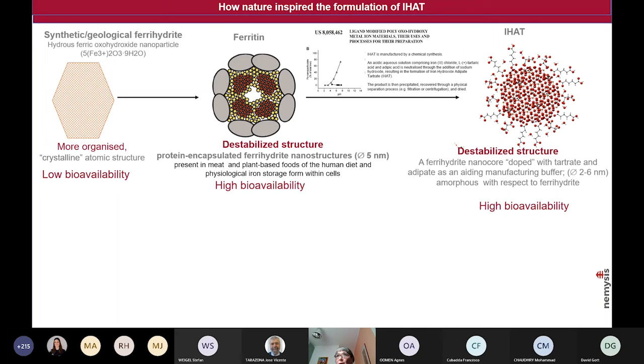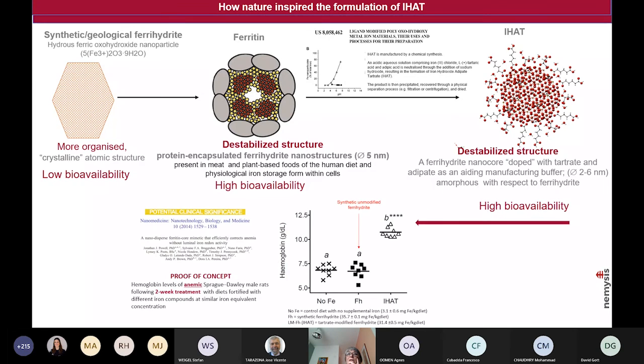This allows the precipitation of nanoparticles. Then the product is precipitated, recovered through physical separation processes, and dried. The hypothesis was that acting in this way, we were able to provide a nanoform with high bioavailability of iron. This is the proof of concept, the initial proof of concept.